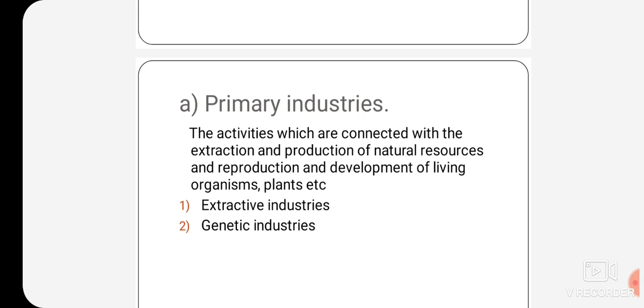That means the products of these industries serve as raw materials for other industries, which further process these products into useful goods. Once again, you can see the earlier examples like mining industry, fisheries, agriculture, and hunting.